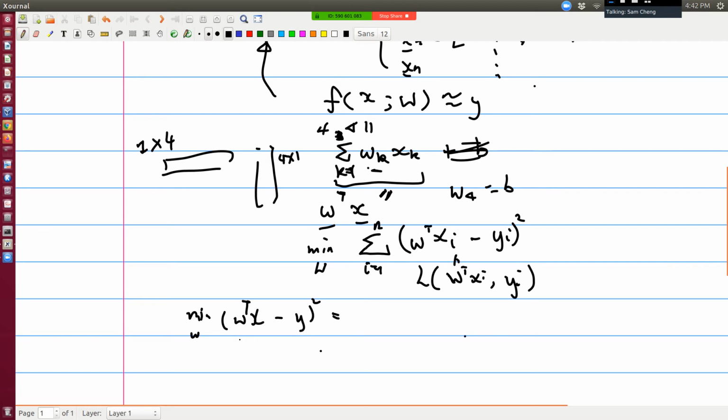Note that each of these is a vector, but w transpose multiplied by x is a scalar. So this is also a scalar. So this square, I can rewrite as w transpose x minus y, with a transpose here, and let me put a dummy transpose here. W transpose.